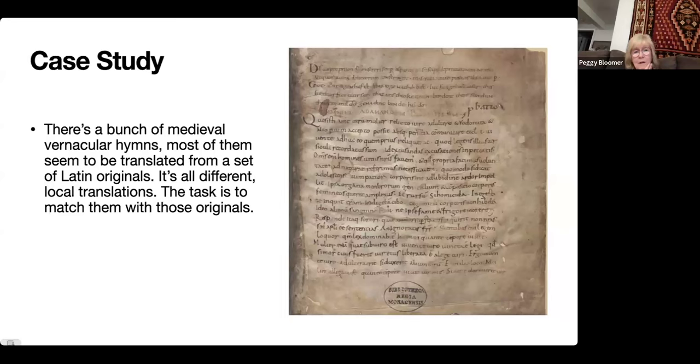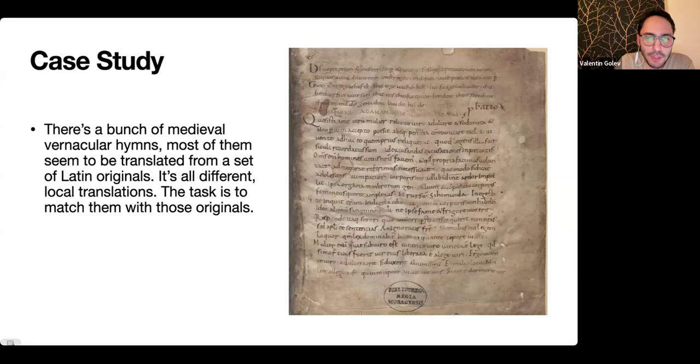Okay, and the medieval hymns. These are the Latin originals. The German hymns are in what form? In the same form, right? It's all manuscripts. But the Latin originals we already have. There is a database of Latin originals that we know. There is a corpus of Latin texts in which we can expect them to be found.